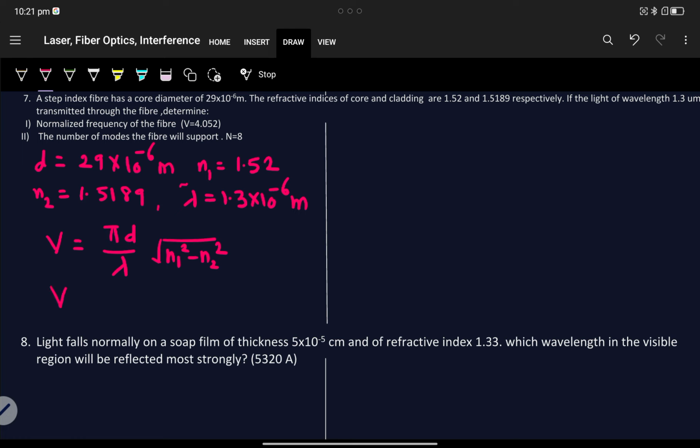So when we substitute, we'll get this value as 4.052. And the number of modes the fiber supports is Nm. Maximum number of modes is half V square. So when we substitute half 4.052 square, we'll get the number of maximum modes is 8.